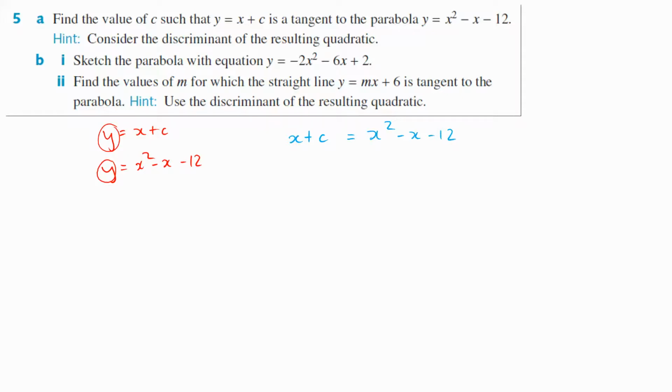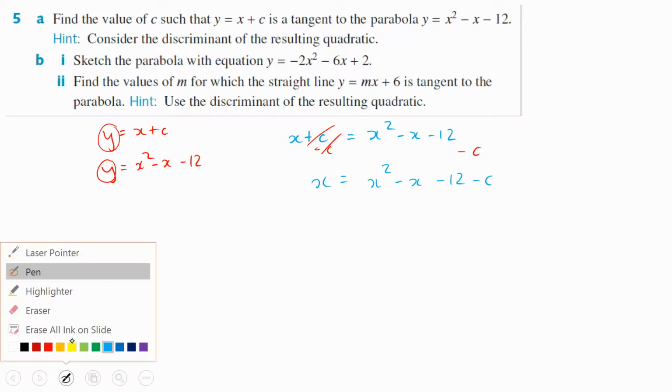Same deal again. Let's bring everything across. I'm going to minus c and minus c. I'm going to use a different color so you can see. That cancels out, and I get my new equation as x equals x squared minus x minus 12 minus c. But I've also got the x on the left-hand side.